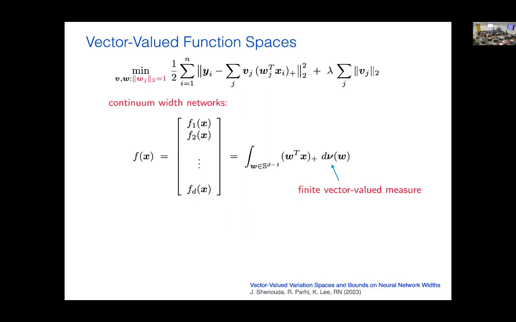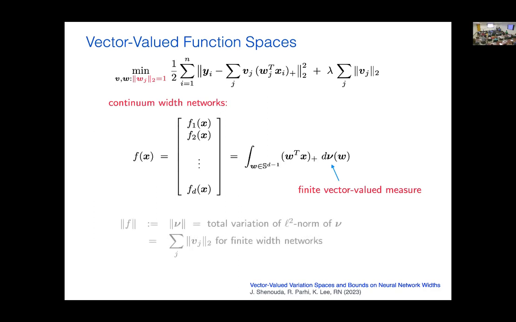And the completion of that space of functions with respect to that norm gives you what we call this continuum neural network, where again we have our input weights on the unit sphere, and neurons integrating against a vector valued measure in this case. So instead of a scalar measure, it's a vector valued measure.